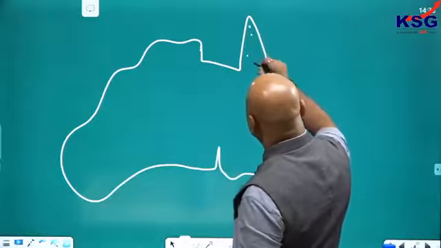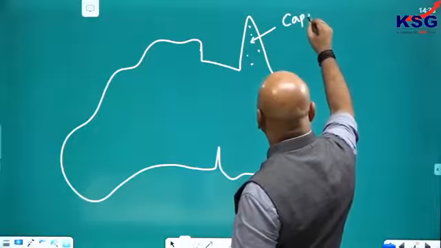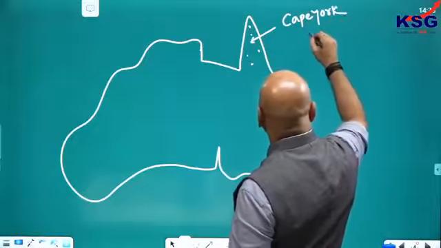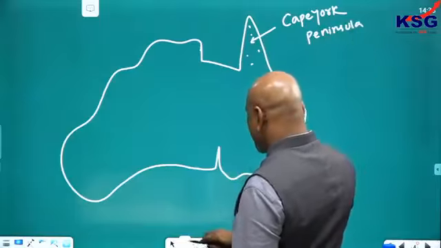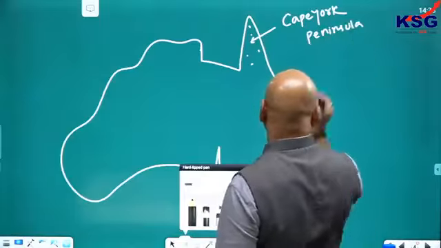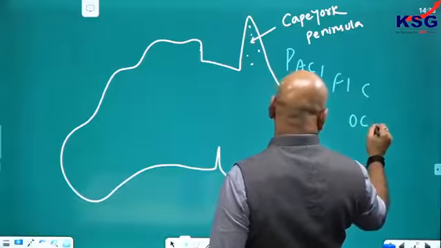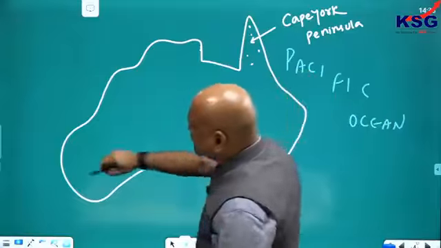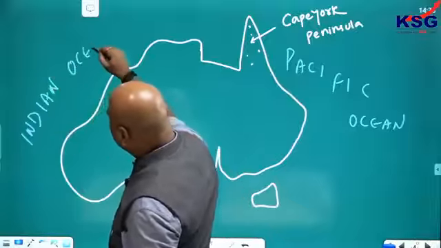This region is called what, पता है ये? This is a peninsula known as Cape York Peninsula. Why? Because on this side, which ocean is there? This is the Pacific Ocean. This is the Indian Ocean.